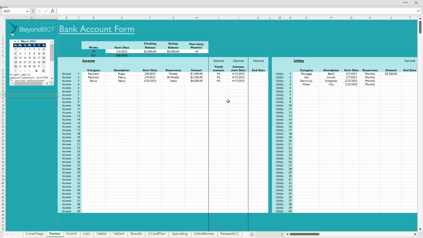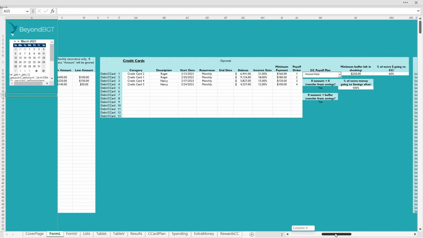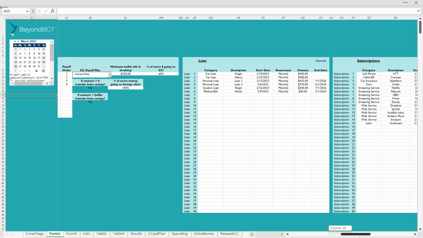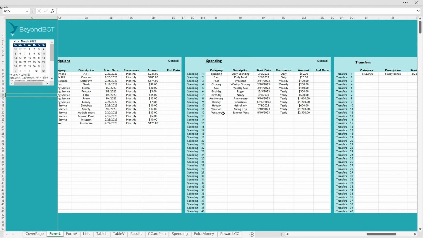In the forms below, you're going to put in all the transactions from income to your utilities, credit cards and credit card plan information, loans, subscriptions, and in the spending form here, you really can get creative modeling your shopping habits, food, grocery, gas, and yearly events that you want to make sure you have covered.